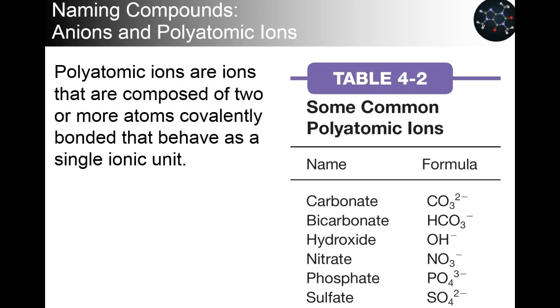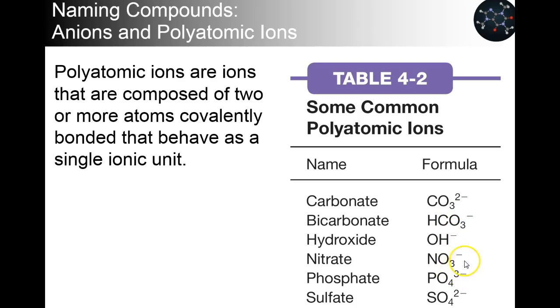Okay, so here are some of our polyatomic ions. And notice the definition for polyatomic is ions that are composed of two or more atoms covalently bonded, so they behave as a single unit. So when we look at a carbonate and see CO3 2-, that 2- goes over the whole molecule. The bicarbonate, the 3-, excuse me, see now I'm getting it mixed up. That 3 is a subscript. That's only a 1-. I'm looking at a bad angle.